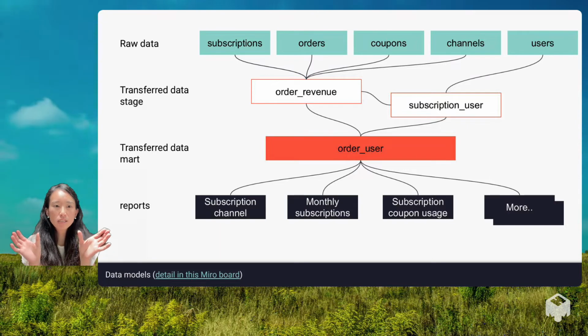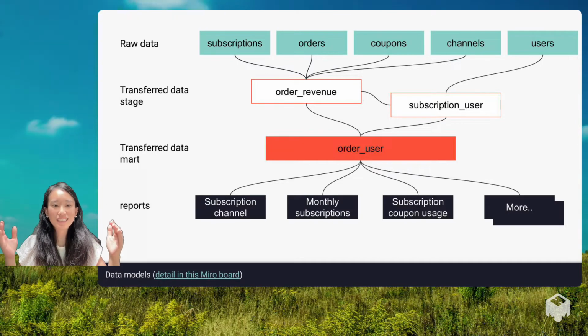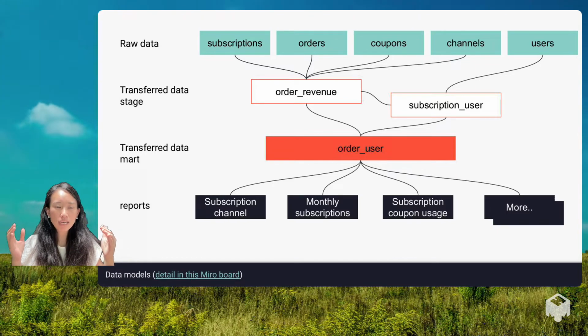And we combine these two stage data together, and we have the whole big table, we call it order user, and that's the mart data we will provide to the end data users.